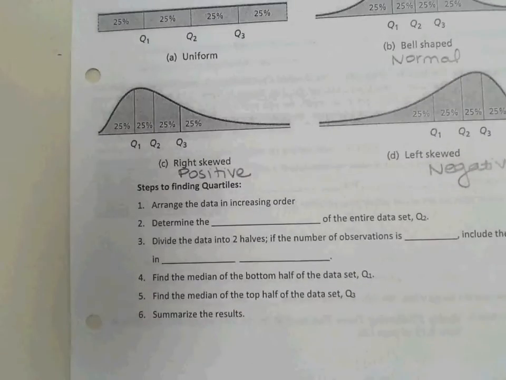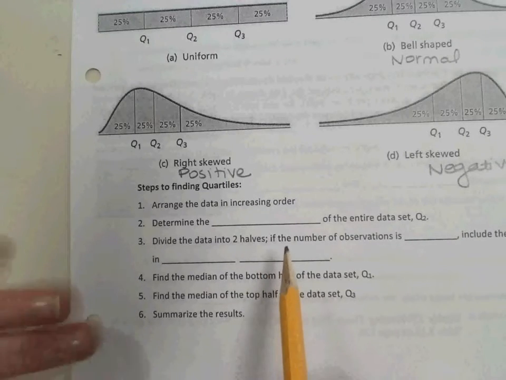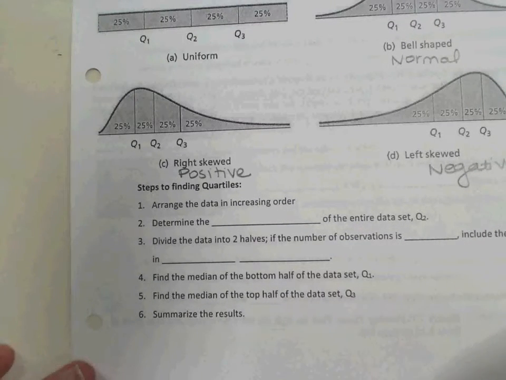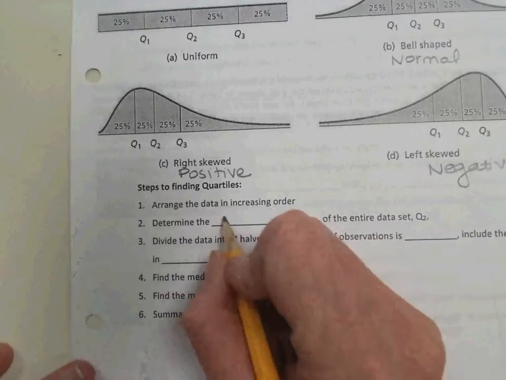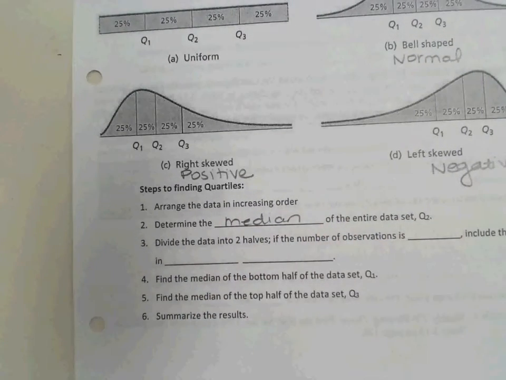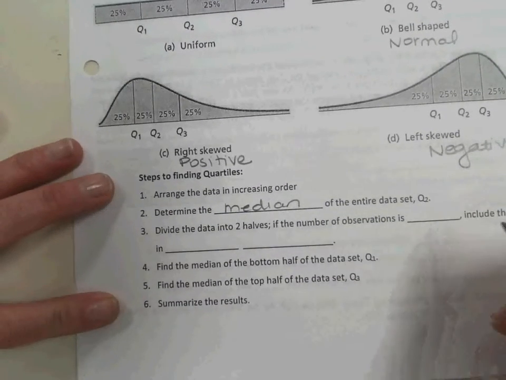So here are the steps to finding quartiles. Step 1, arrange the data in increasing order, and that should sound familiar. Same thing as when we're finding the median. Step 2, determine the median of the entire data set. Step 3, divide the data into 2 halves, just like we did.